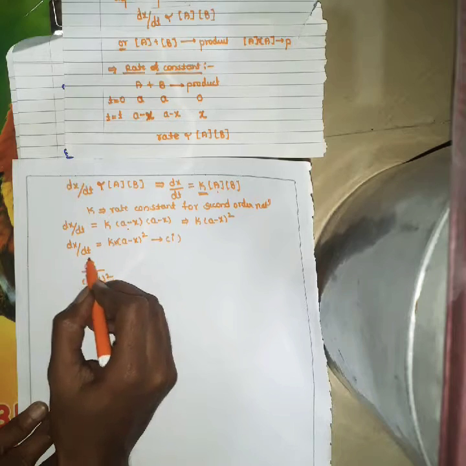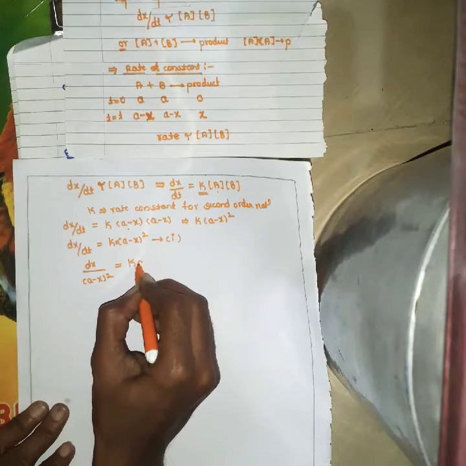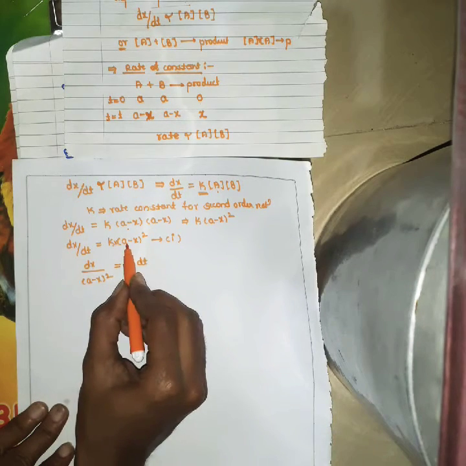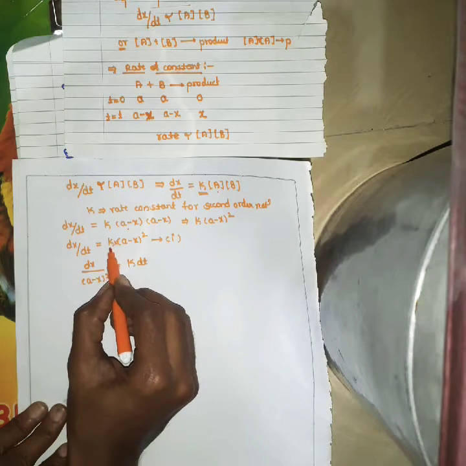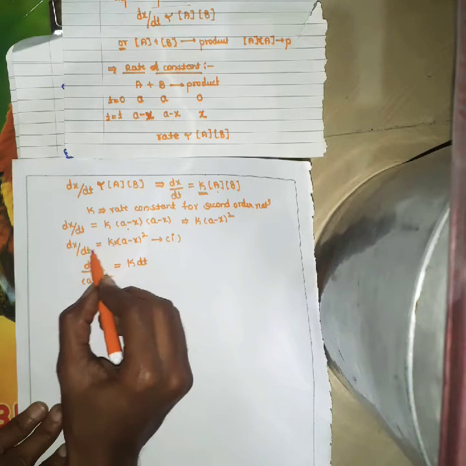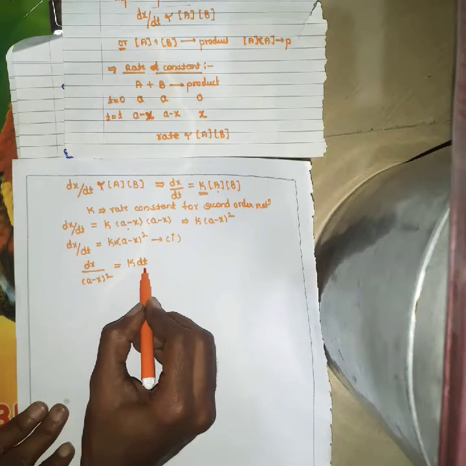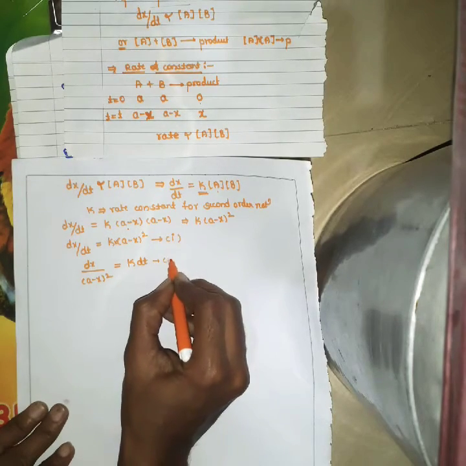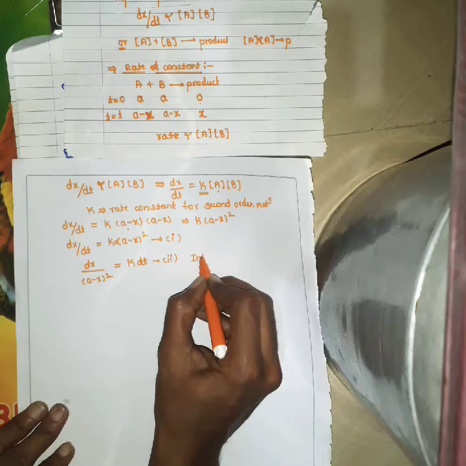Then it is equal to k into dt. See here, dx divided by a minus x whole square is equal to k into dt. This is equation 2.